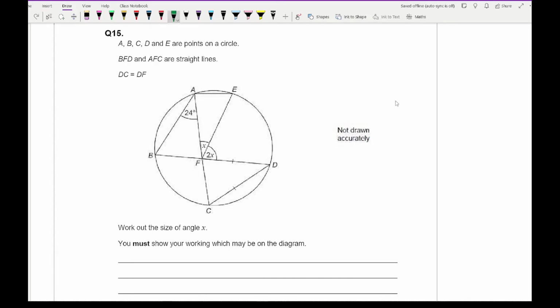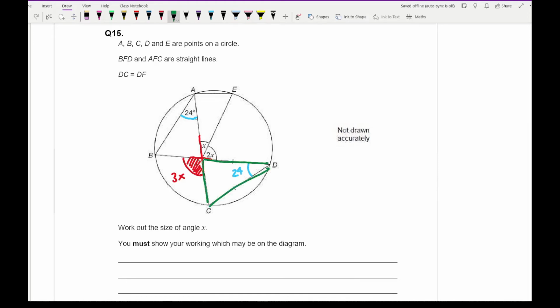So let's have a look at what we know. From this, I can see that this is an opposite angle, so this angle here is also going to be 3x. That red angle is 3x. Now I can also see a bow, so this angle here is going to be the same as this angle here, and I can also see that this triangle is an isosceles triangle.